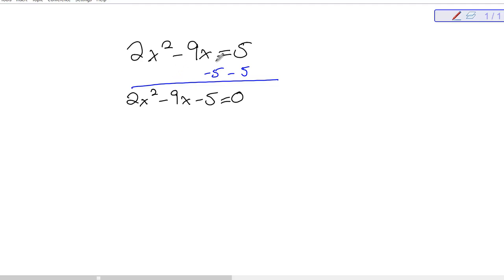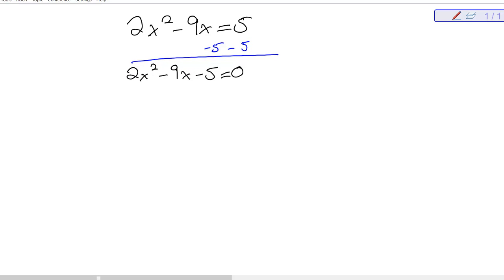And I combine like terms if I can, but notice I've got an x squared, an x, and then a number without an x. So I don't have any like terms to combine. Now that I have this equal to 0, what I'm going to do is I'm going to factor this 2x squared minus 9x minus 5.